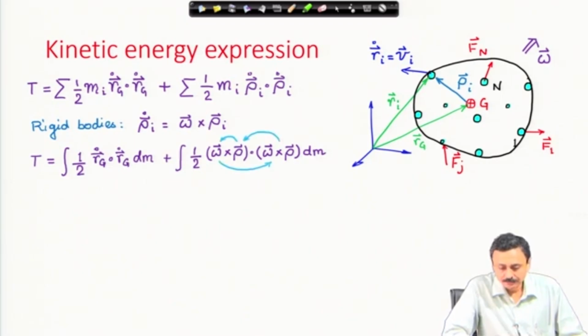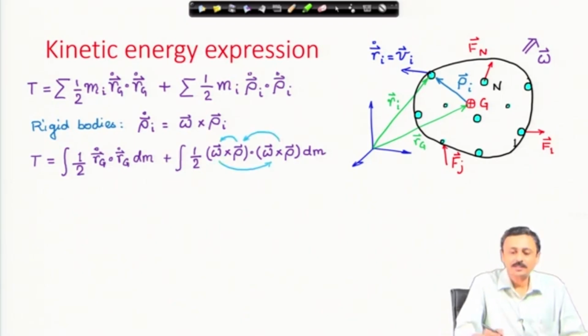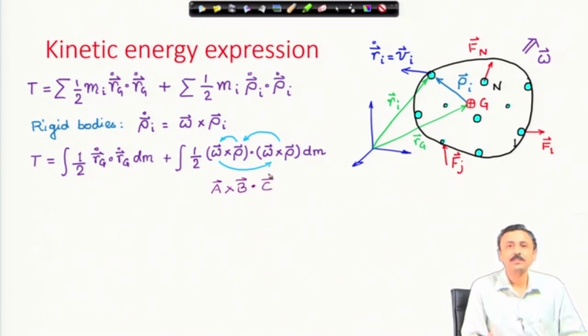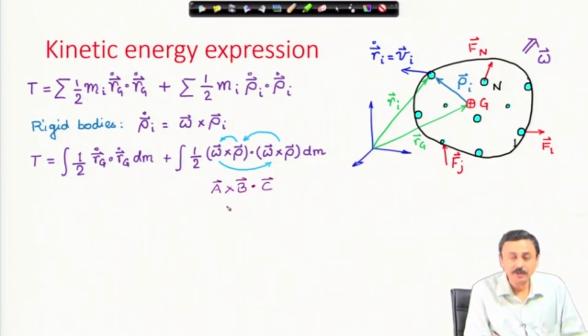Now, here I can look at this expression as a scalar triple product. What I do is I see that this is A cross B dot C. This is scalar triple product, and this can be written by rotational permutation.